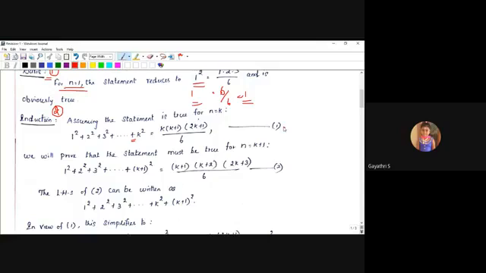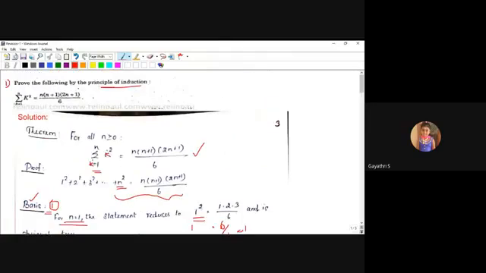This is based on n equal to k. This is true as per the given statement. So we have framed this as equation number 1, based on the given statement available in the problem statement.